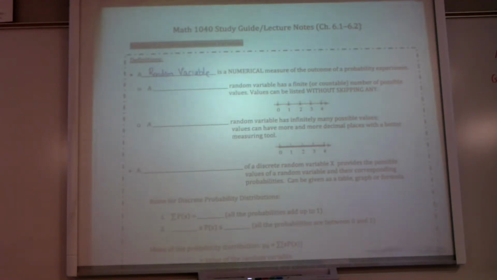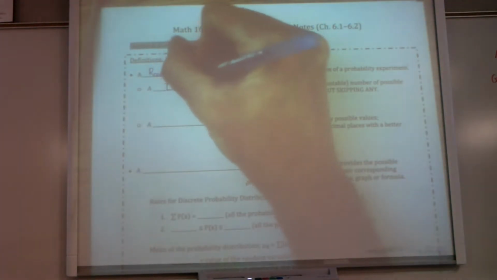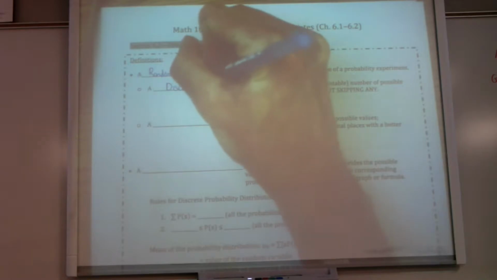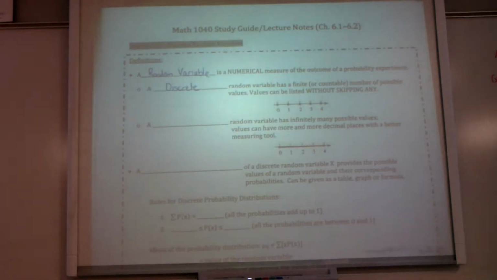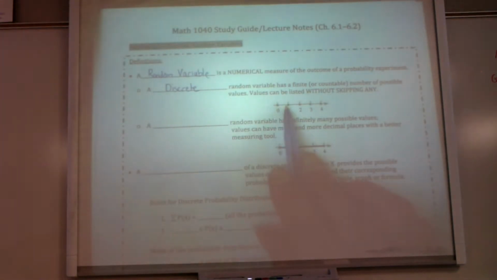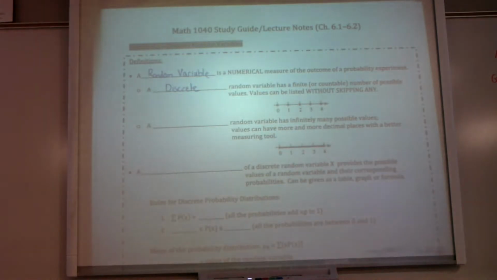Now there are two types. There's a discrete random variable, which is when the random variable has finite or countable values. This would be an example with goals scored, because you can't score half of a goal or a third of a goal. You score 1 goal, 2 goals, 3 goals, 0 goals. So it's only these points here. That's a discrete random variable.